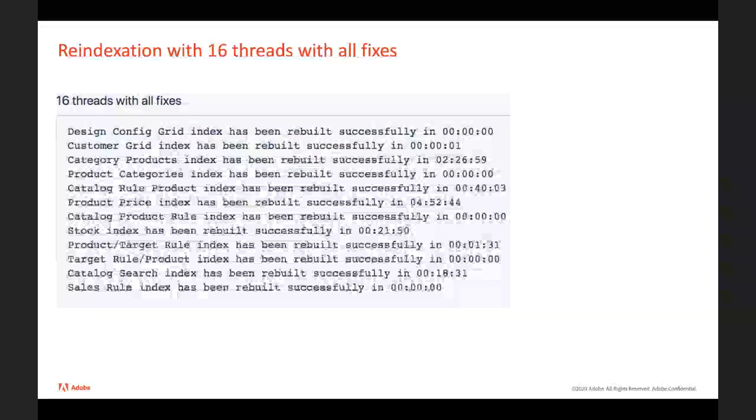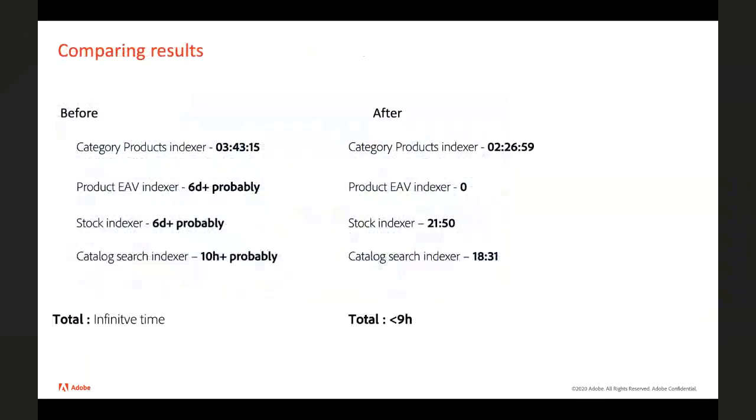So it's possible to obtain even better results. With all the fixes, before, the indexation took an infinite amount of time, and our target was to do the whole reindex process below 9 hours, and we actually achieved it.